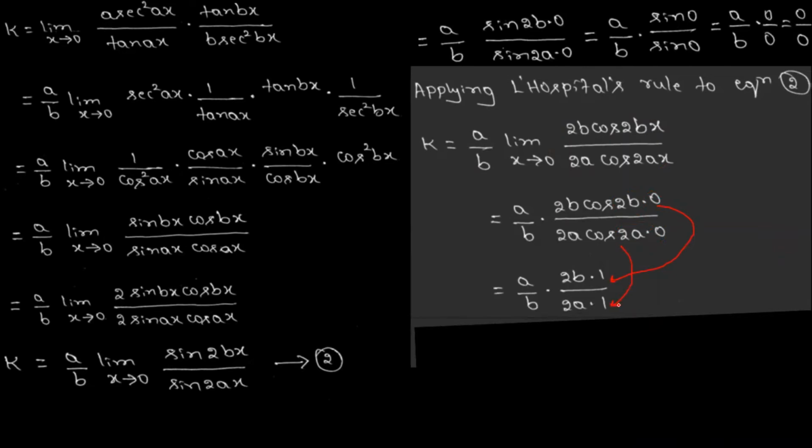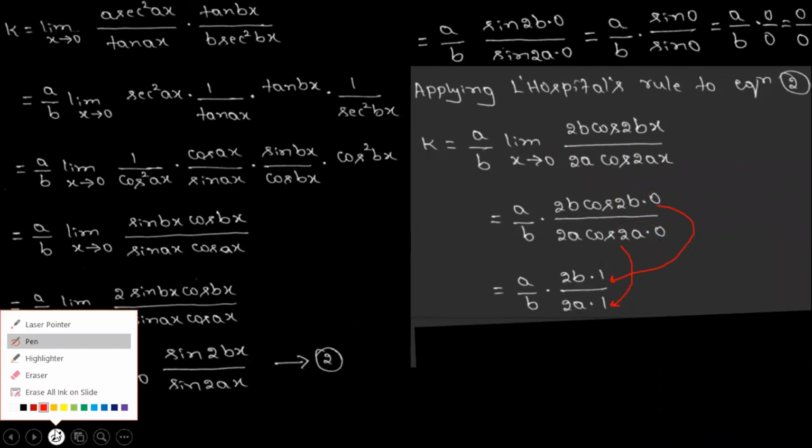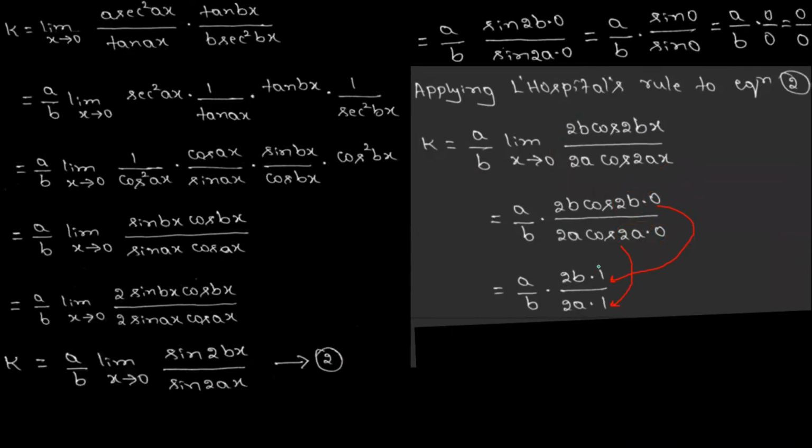Now you can observe what all changes will happen here. 2 gets cancelled with this 2, and b gets cancelled with this b. A gets cancelled with this a here.